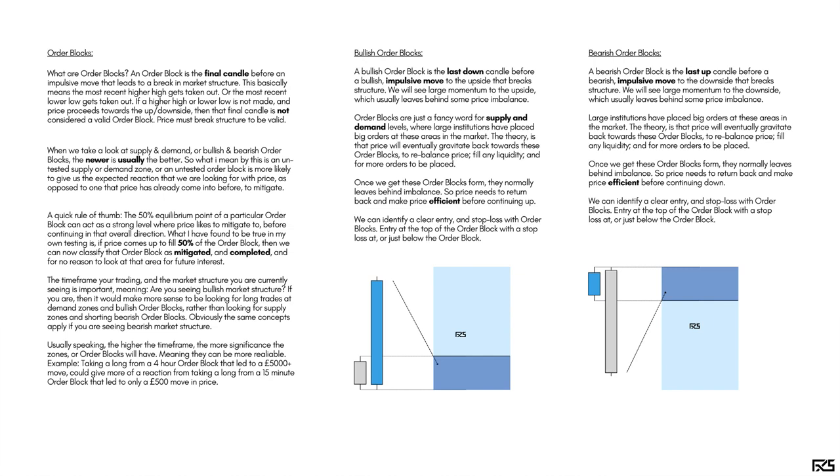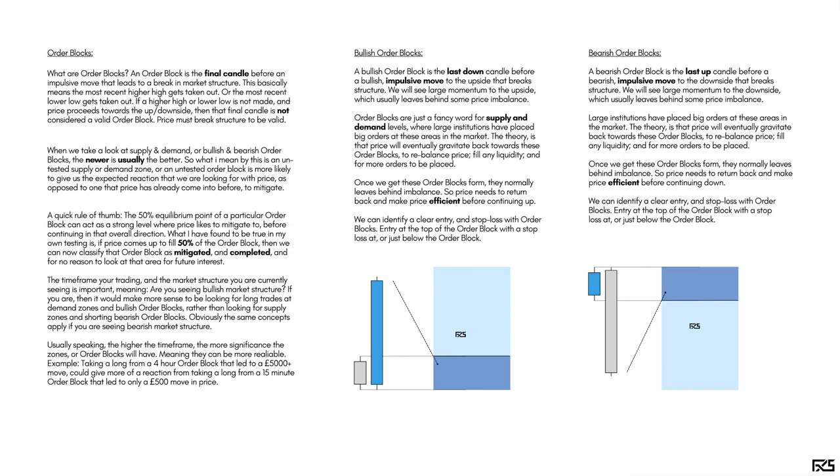So again, bullish market structure, if we're putting in higher highs and higher lows, then it would make more sense for us to be looking for long trades at demand zones or bullish order blocks, rather than trying to short at supply zones. And then the same concepts flipped in reverse. If we're seeing bearish market structure, it would make more sense to be looking for supply zones and bearish order blocks, as opposed to demand zones and bullish order blocks.